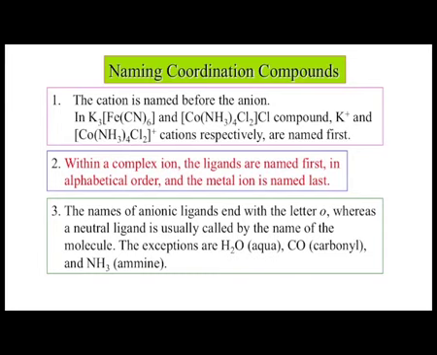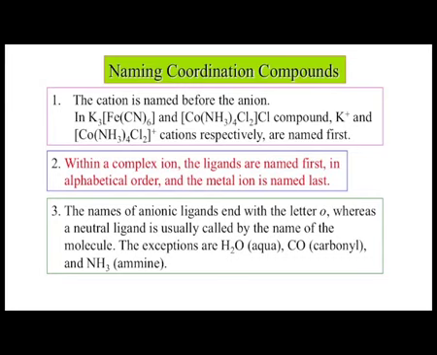Depending upon the species present, the cation in one case is potassium, in another case it is the complex species. But we have to name both of them first, as potassium is the corresponding cation and the complex species is also the corresponding cation. So, this is potassium hexacyanoiron 3, whose common name is potassium ferricyanide.